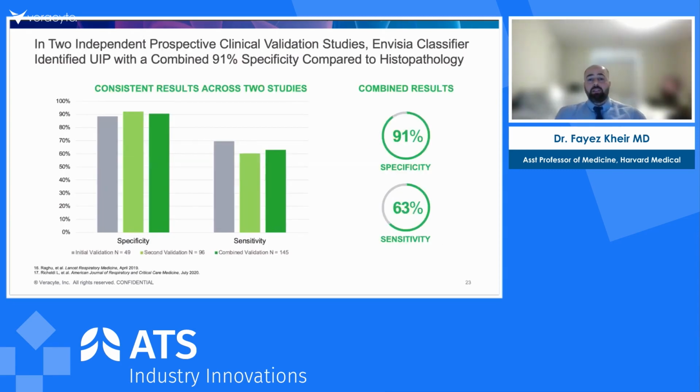The two independent prospective clinical validation trials showed us that the Envisia classifier identified a molecular UIP pattern with a specificity of 91% and a sensitivity of 63%.